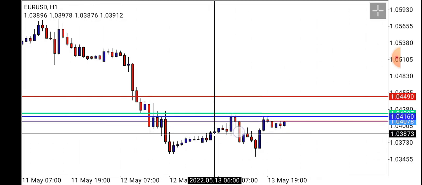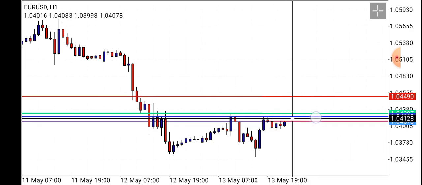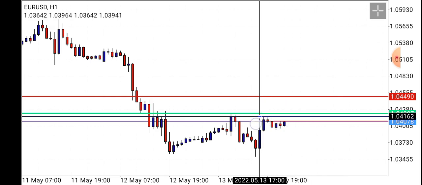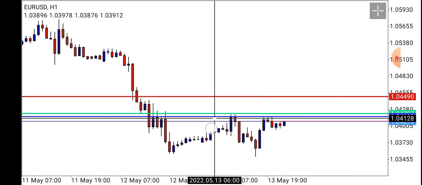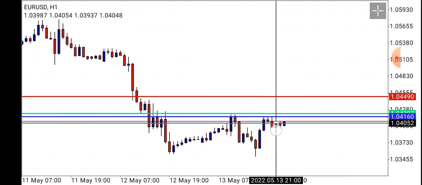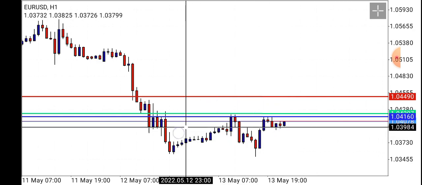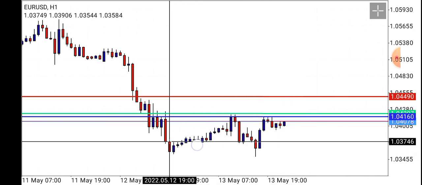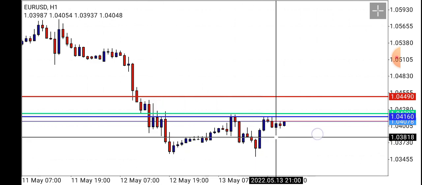you would see that the 4-hour and the daily pivots are at a resistance level on the 1-hour time frame. You can see the market has been in a range. Price has been in a range from this point to this point.